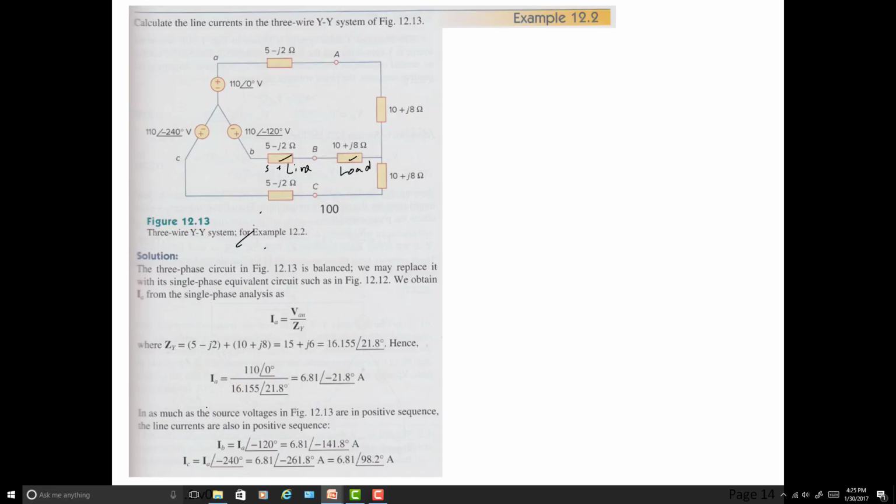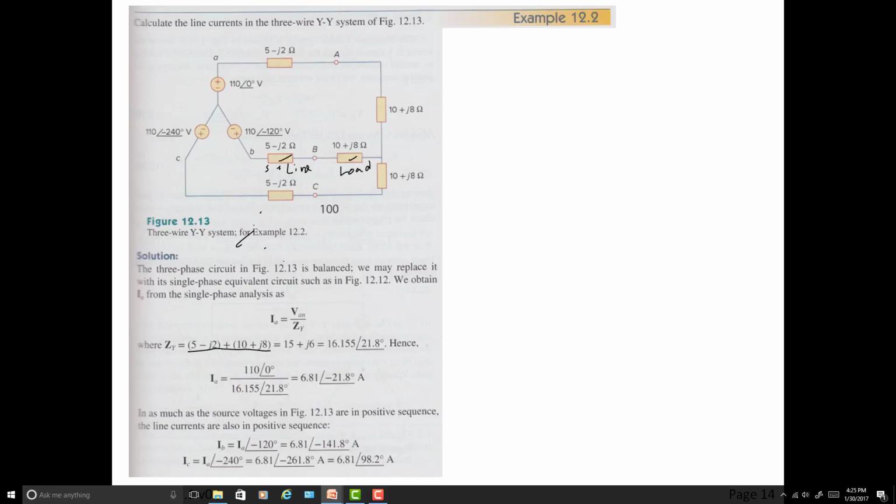And you can see down here that all of this can be considered as some net Y impedance, which is the sum of those two.